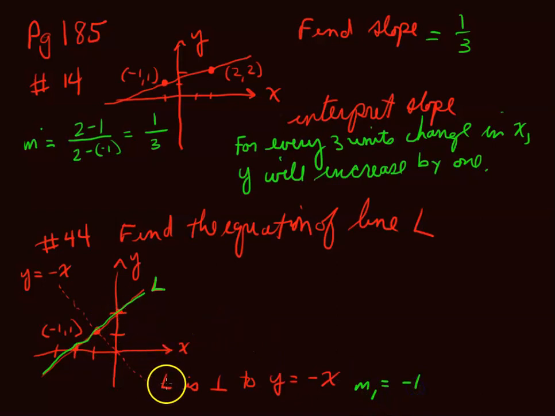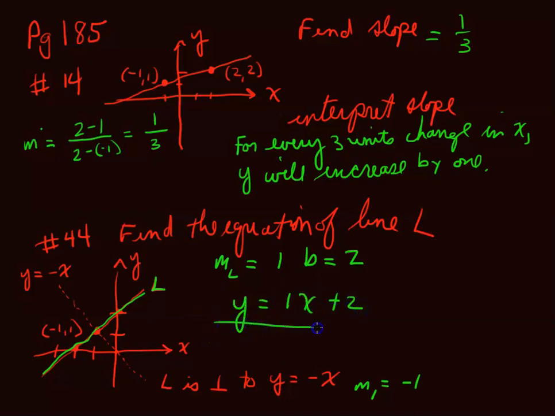If we're told that L is perpendicular to that line, then the slope of line L is a positive 1, opposite sign reciprocal. And we know that this is the y-intercept at (0, 2), so b is equal to 2, and we can write y equals 1x plus 2.